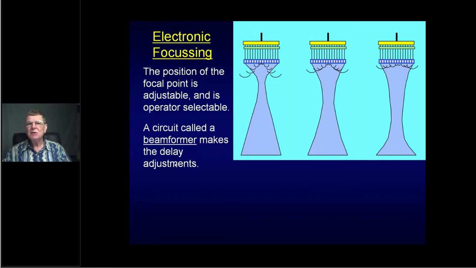All you have to do is move a toggle on your machine to say, I want to focus at different points in the patient. That tells the beamformer to adjust the delays within this circuit here, the delay circuit, to change effectively the radius of curvature of that beam front that's going to be coming out from the transducer. Therefore, you can make that beam focus to whatever depth you want in the patient.